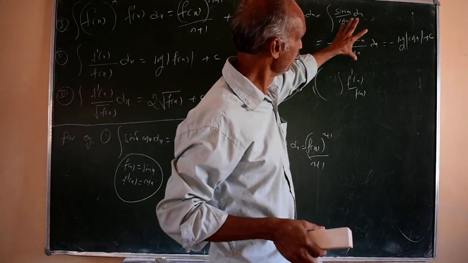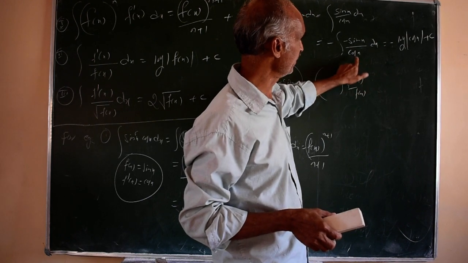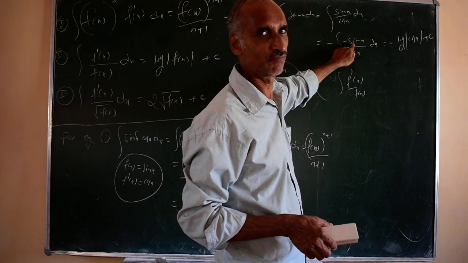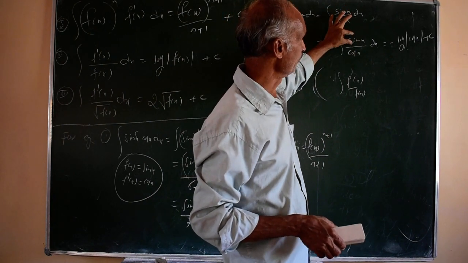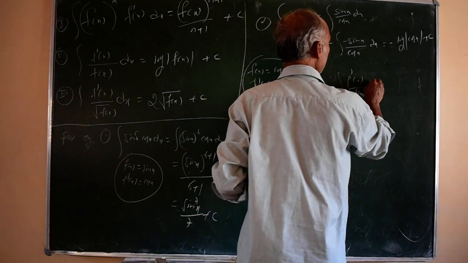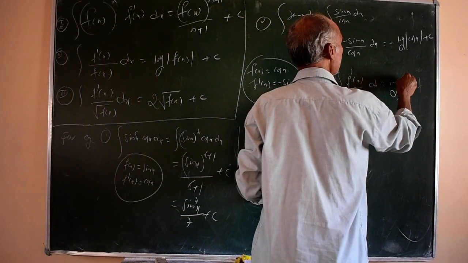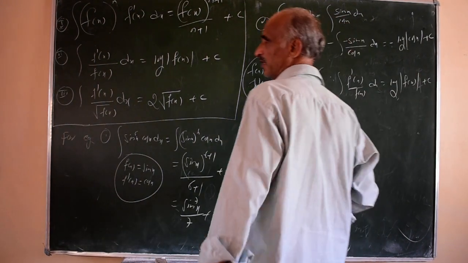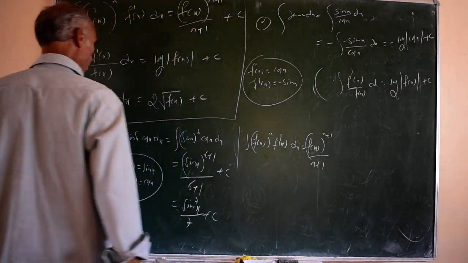F of x is cos x, the differentiation is minus sin x, meaning f dash of x is minus sin x. If it is in the form of f dash of x upon f of x dx, that equals log of mod f of x. In front of log, in the final answer, you have to put mod. Okay.